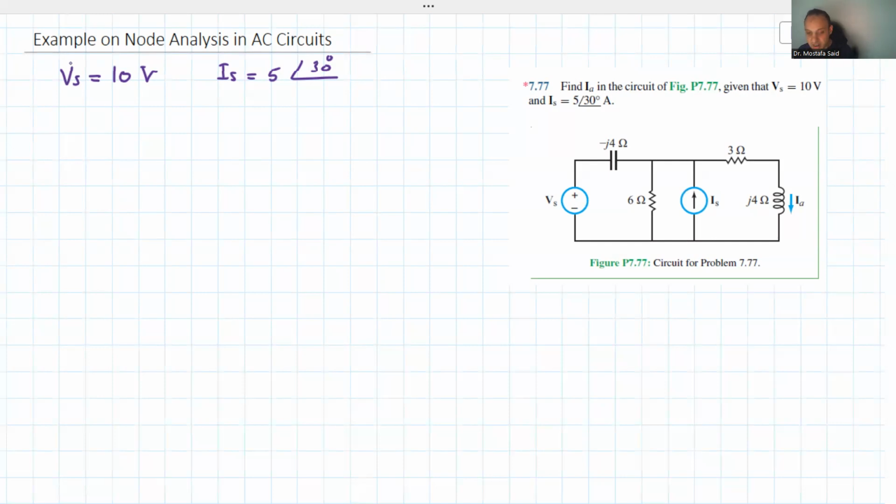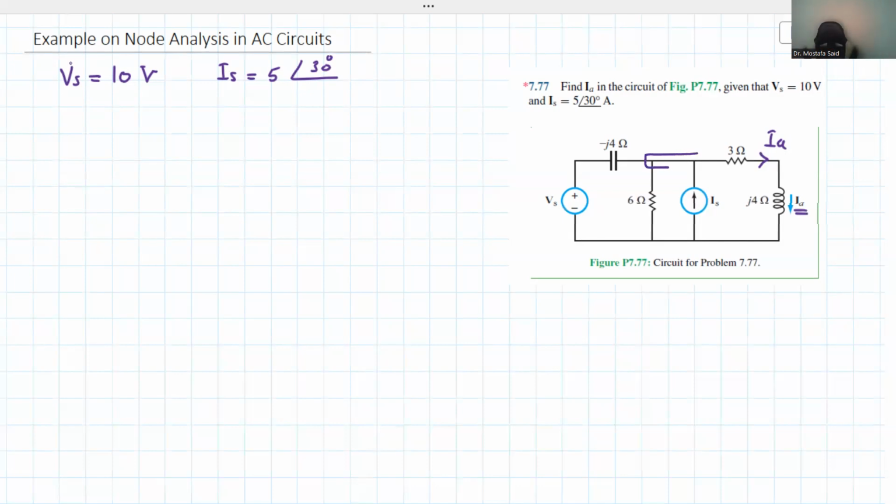So what is required here? The question is to find IA, this current here, which flows in that direction. In node analysis, we should determine the nodes in the circuit that have more than 2 branches. If we look at our circuit, we have 2 nodes that have 3 or more branches.